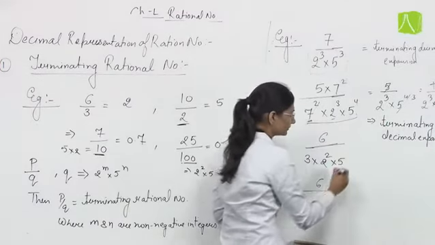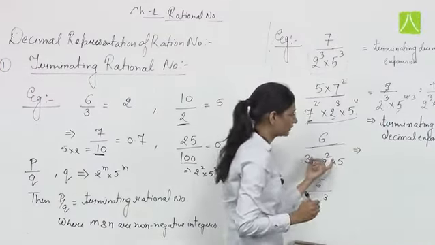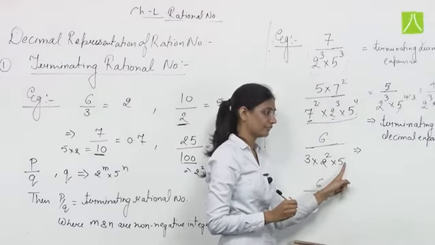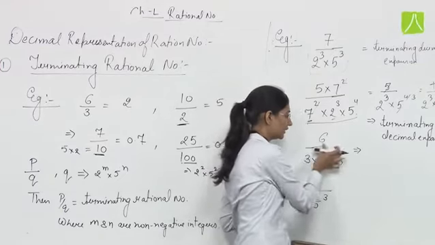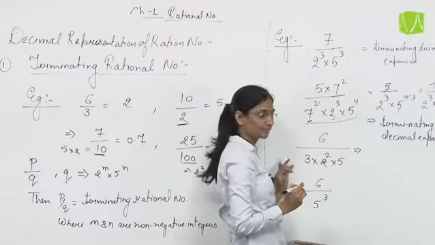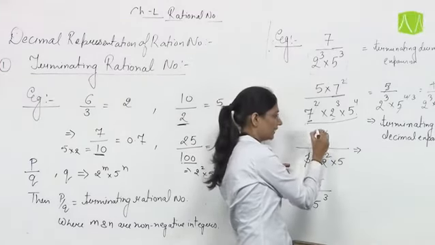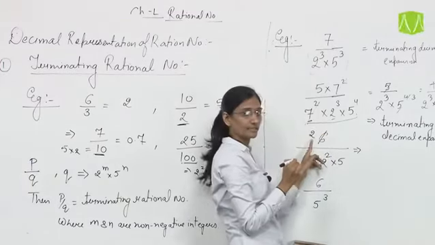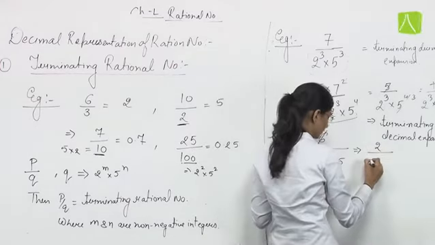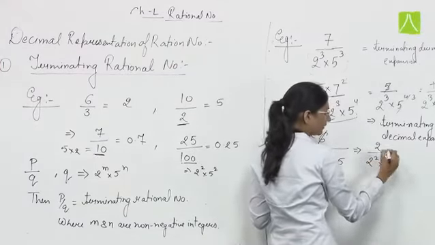Next question. Again, observe the denominator 3, 2 square, 5. In the numerator, there is 6, which is a multiple of 3. This 3 cancels with the 6, leaving 2. Therefore, 2 upon 2 square multiplied by 5.